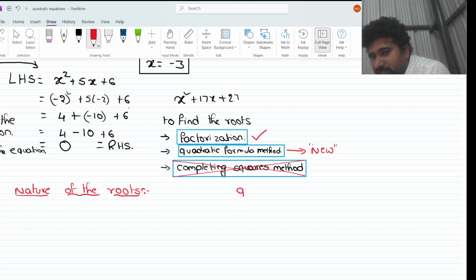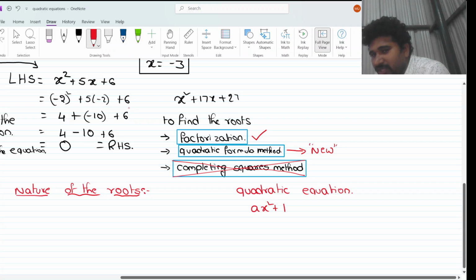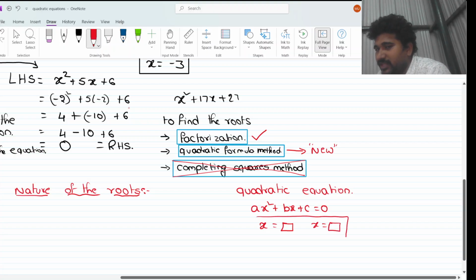If I choose a quadratic equation, I should get 2 x values as the solution. Means how many solutions will I get? 2 solutions. That means 2 x values, which means I will get 2 roots.